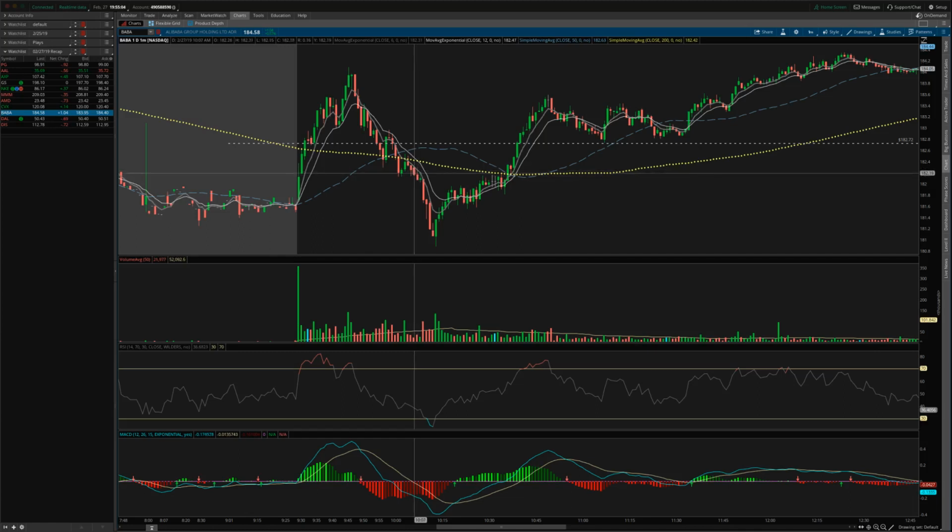But maybe what you should have done is wait for the retest. The retest happened right here. This general rule of thumb applies to everything, every single stock play that you do. Now, will it always retest? No. Okay, it could have broken through here and continued all the way up.